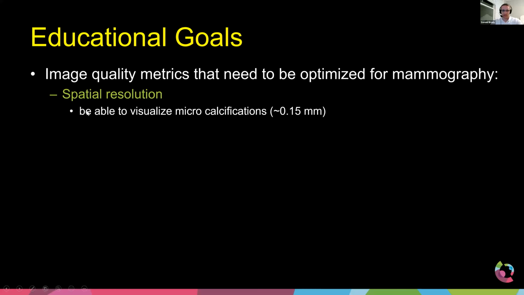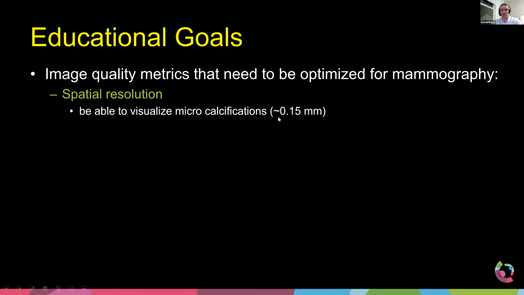Okay, the problem is, what are we looking for in mammography? There are some very specific things we need to see. Therefore, these are the image quality metrics that we need to optimize. The first is spatial resolution. We need to be able to see microcalcifications, which are usually early markers of disease that will eventually turn into a palpable disease or a mass.